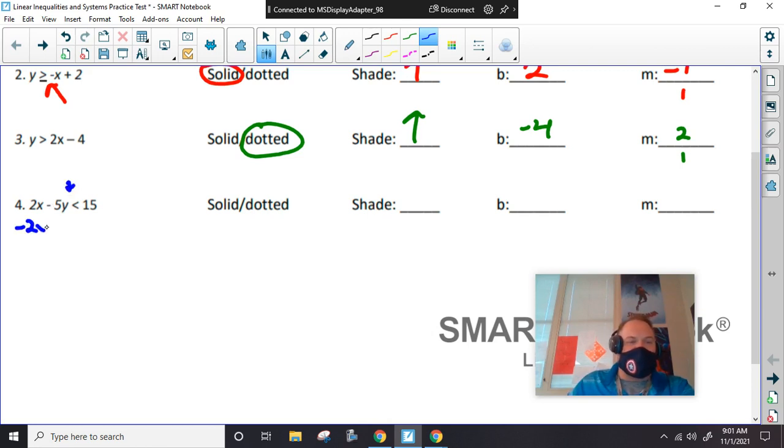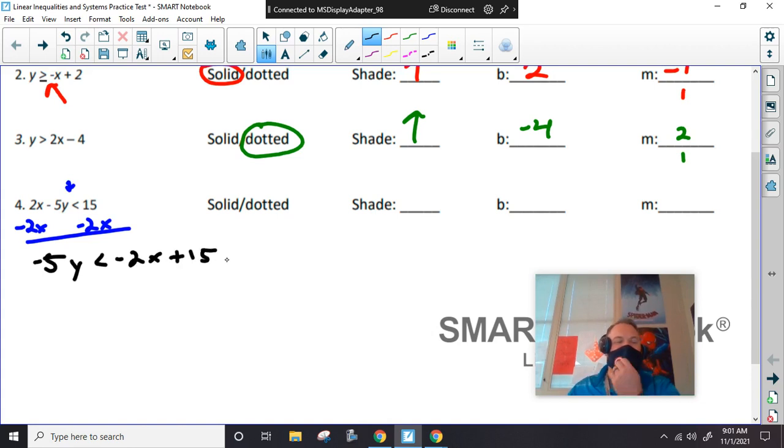So I'm going to subtract 2x. So I'd have -5y. Now, some people will actually have it like this. Either one is fine. We've had that discussion before in class.